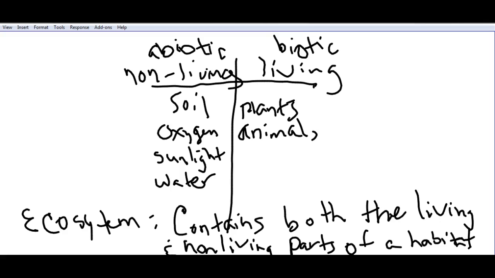But an ecosystem actually ties in the part of the non-living. So when we're talking about populations and communities, we're talking about just living things. When we talk about ecosystems, we're actually looking at the entire habitat, including both the living and the non-living parts. And so the correct answer for that one should have been an ecosystem.